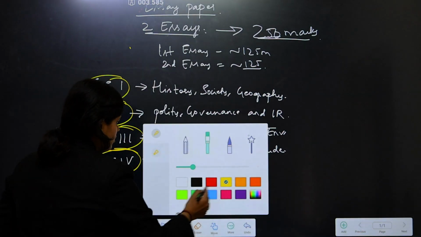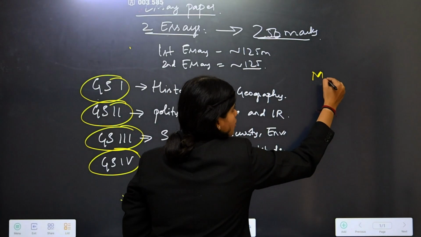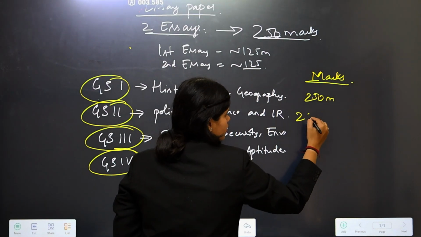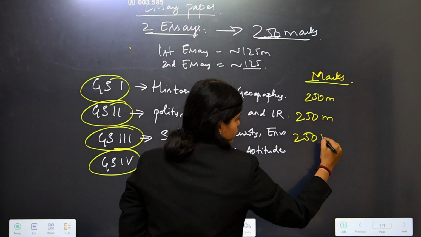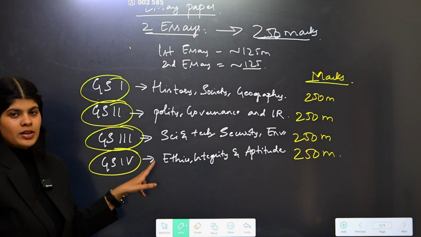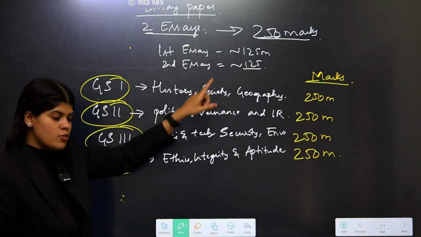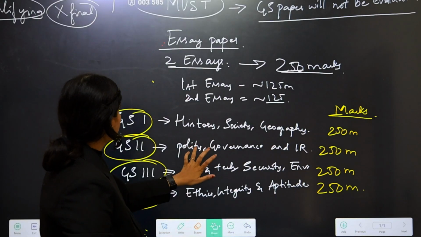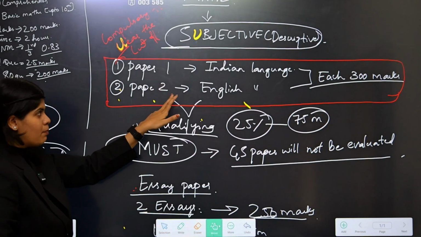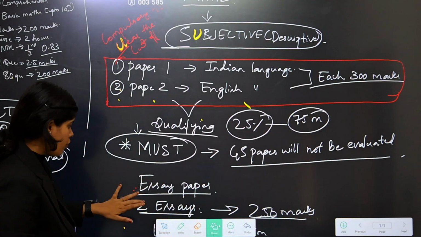Now what are the marks? 250 marks, 250 marks, 250 marks, 250 marks. So GS1 to 4 are all 250 marks papers. Got it? So you have your two papers, which were qualifying. You saw here, paper 1, paper 2, qualifying marks 25% you have to get in this, so 75 marks minimum cutoff.